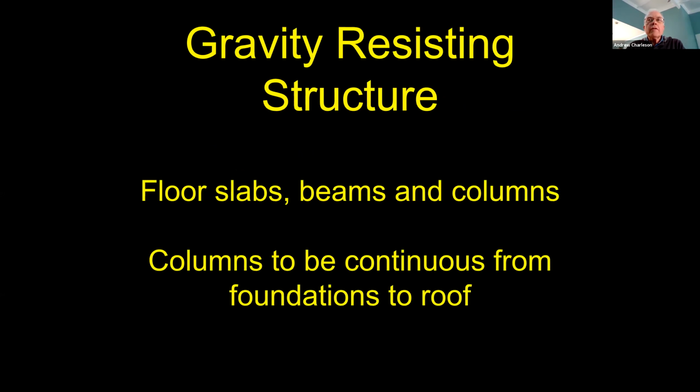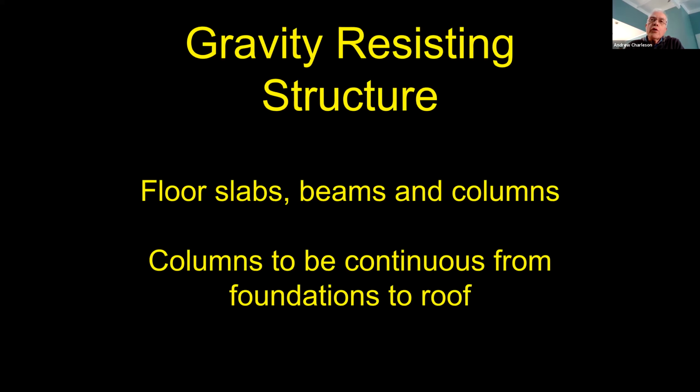So I'll just begin with a very brief comment about the structure you design to resist gravity loads. That structure consists of floor slabs, beams, and columns. And if at all possible, your columns should be continuous from the foundations to the roof.